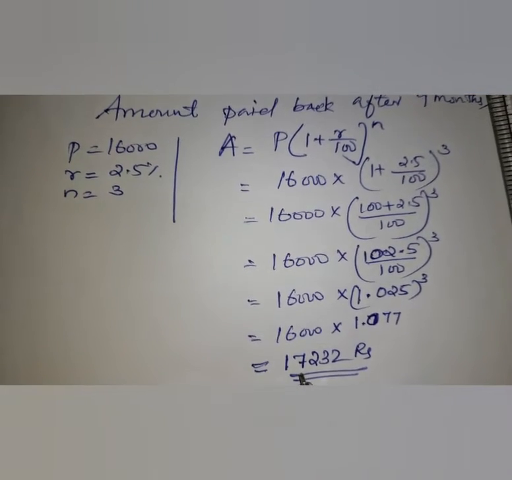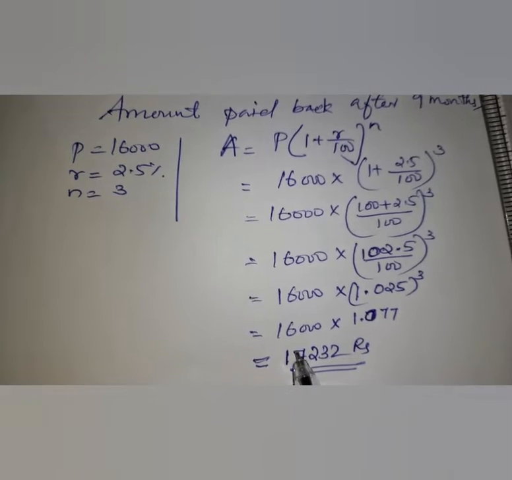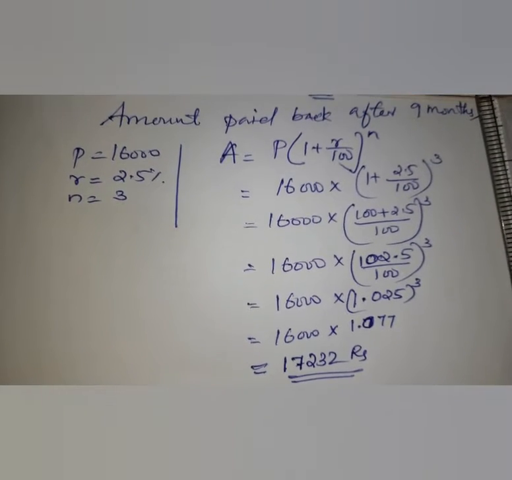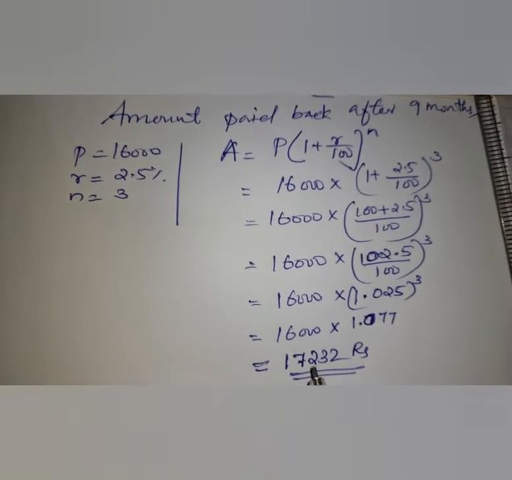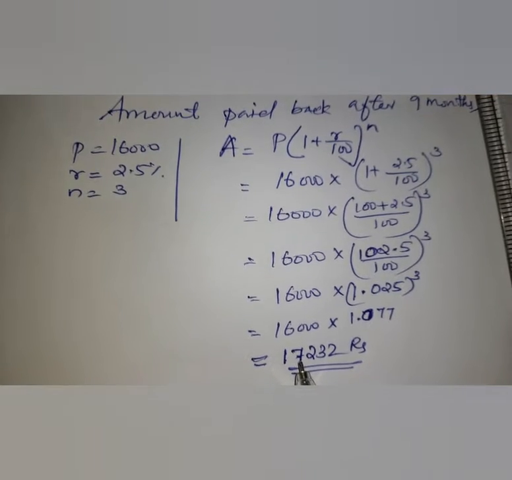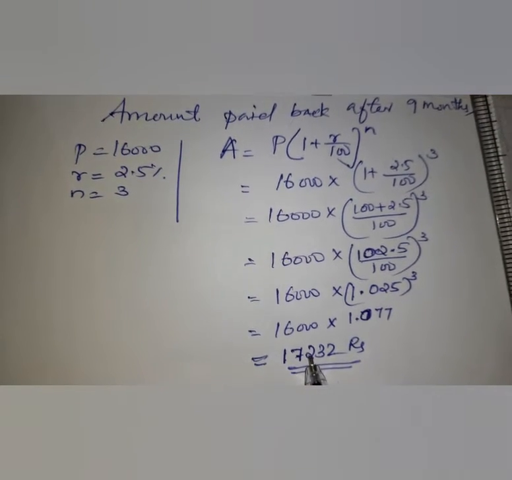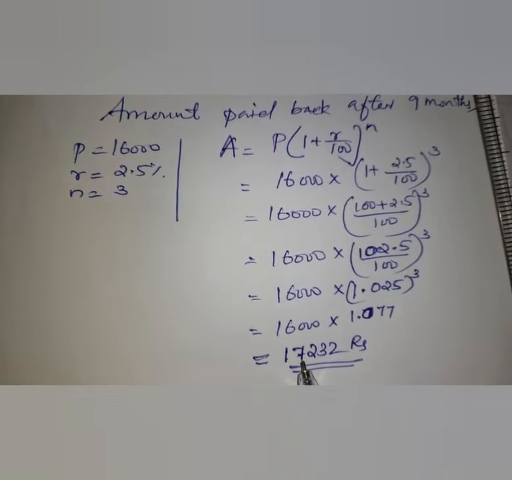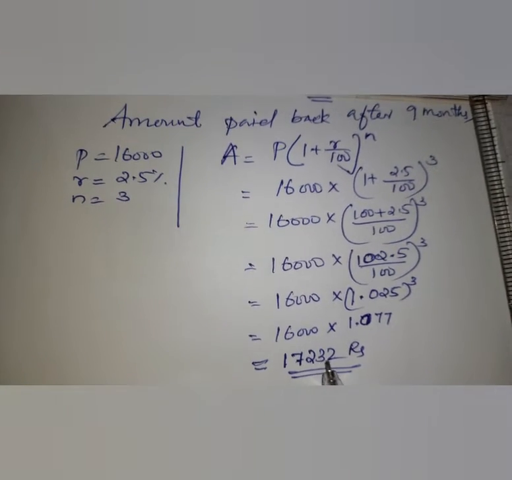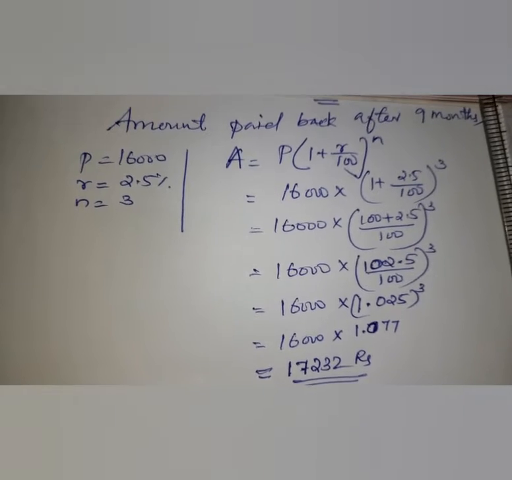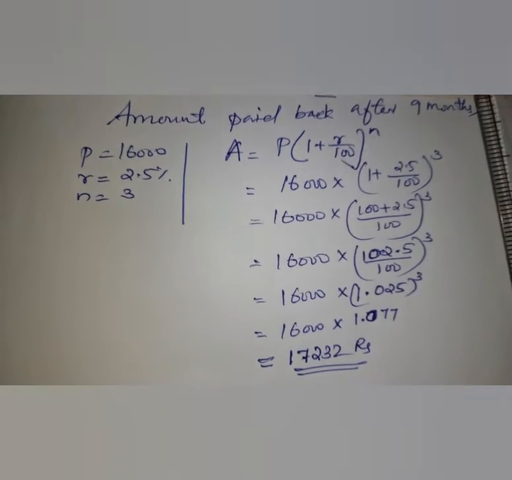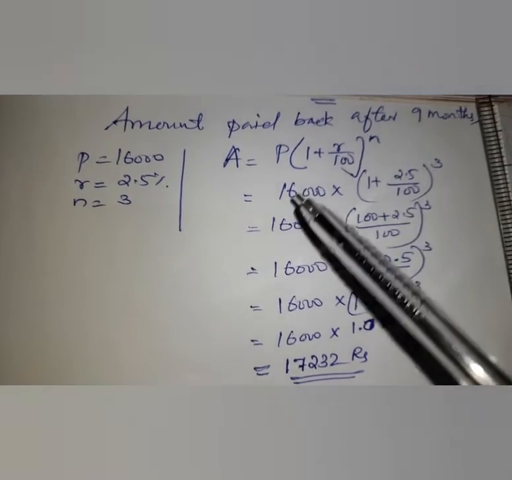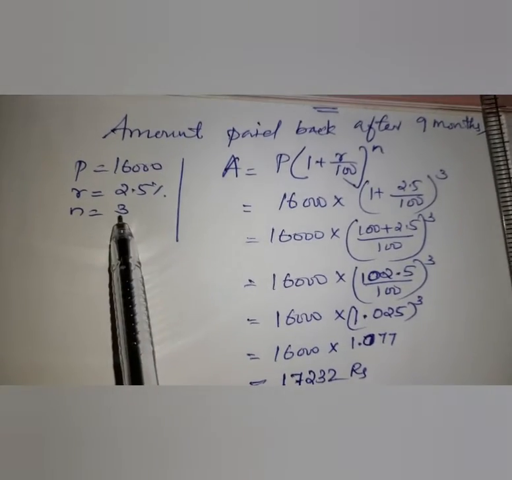To settle the loan, he has to pay 17,232 rupees. That means for 9 months, the interest is 1,232 rupees. So every quarter it is calculated. That is why N is equal to 3.